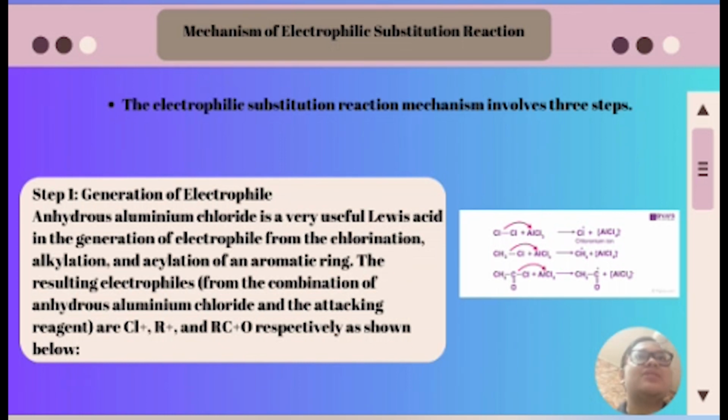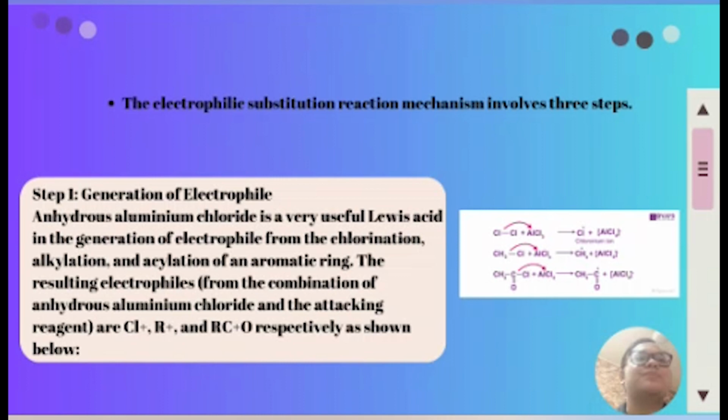The resulting electrophiles, from the combination of anhydrous aluminum chloride and the attacking reagent, are Cl+, R+, and RC+=O respectively, as shown in the figure below.